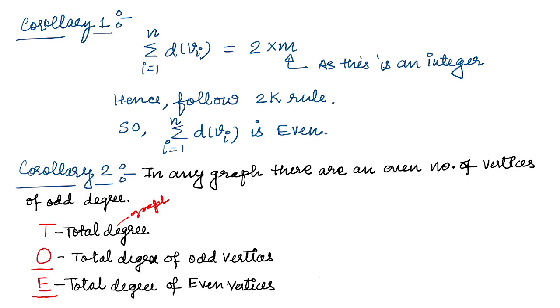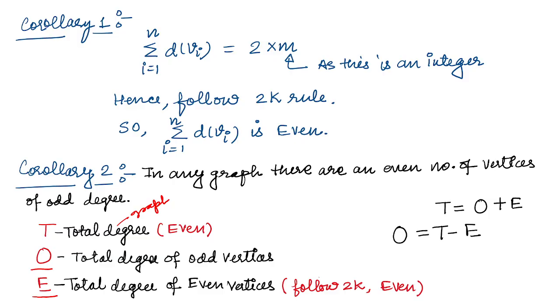So therefore, this T can be written as O plus E. That is, the total degree is equal to the degree sum of odd plus the degree sum of even. Now what we can write is, O we can take out and then we can bring this E onto the side of T, like this.